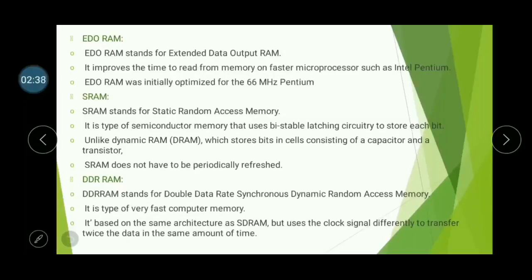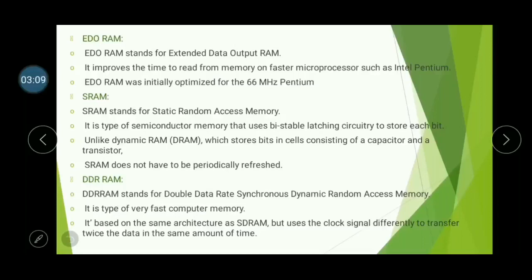Second RAM is SRAM, static random access memory. It is a type of semiconductor memory that uses bistable latching circuitry to store each bit. Unlike dynamic RAM, DRAM, which stores bits in cells consisting of a capacitor and a transistor, SRAM does not have to be periodically refreshed.